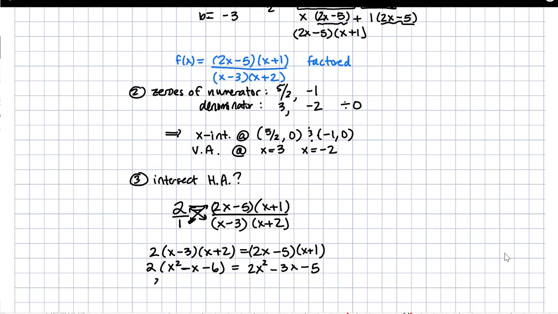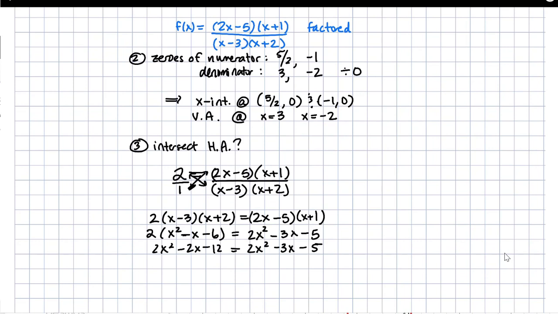So I get 2x squared minus 2x minus 12 equals 2x squared minus 3x minus 5. So when I try and isolate my x values, I combine my like terms. If I subtract the 2x squared from both sides, I'm left with negative 2x minus 12. And is that equal to negative 3x minus 5?